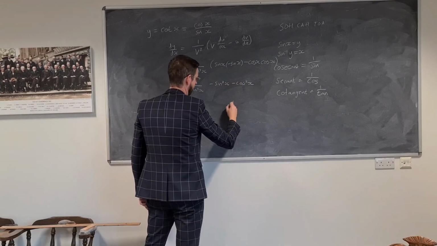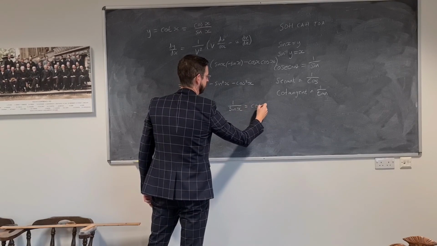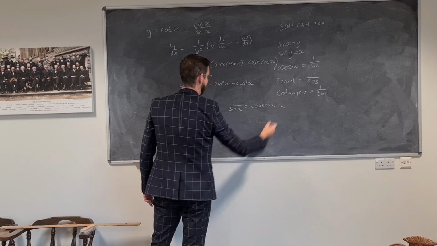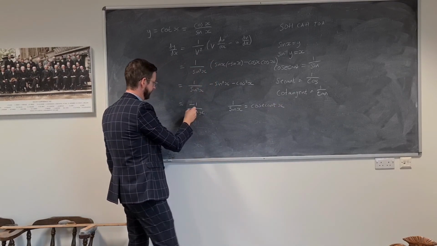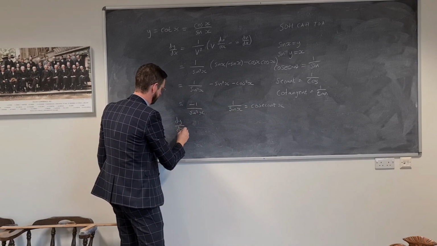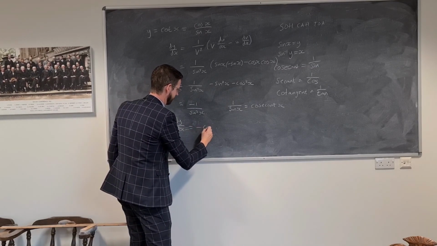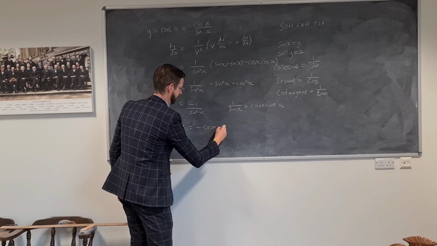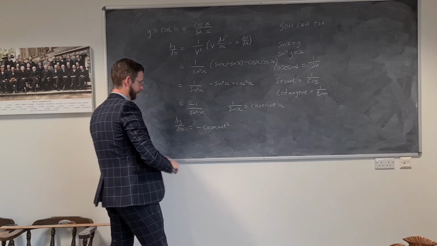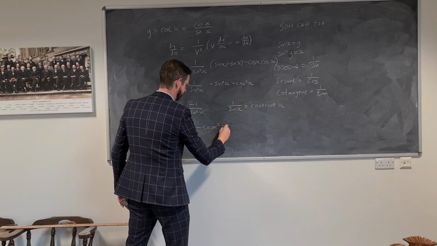So the first derivative of cot x is equal to minus cosecant, or cosec as it's sometimes known, squared x.